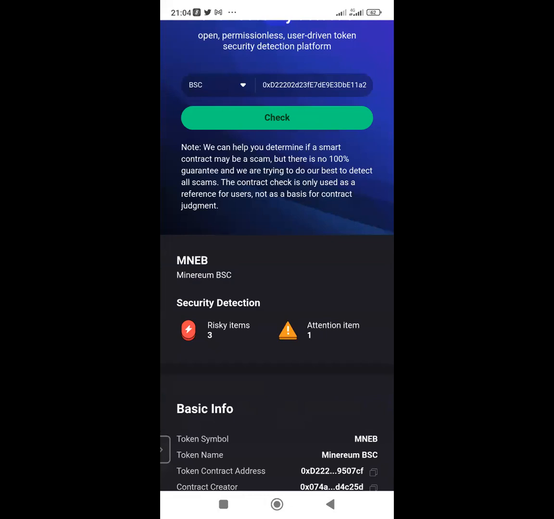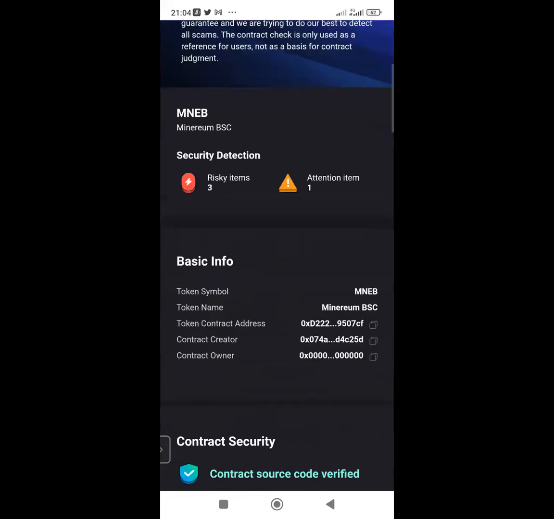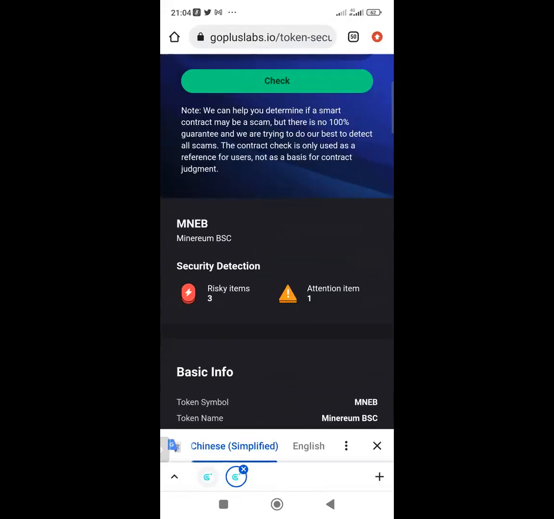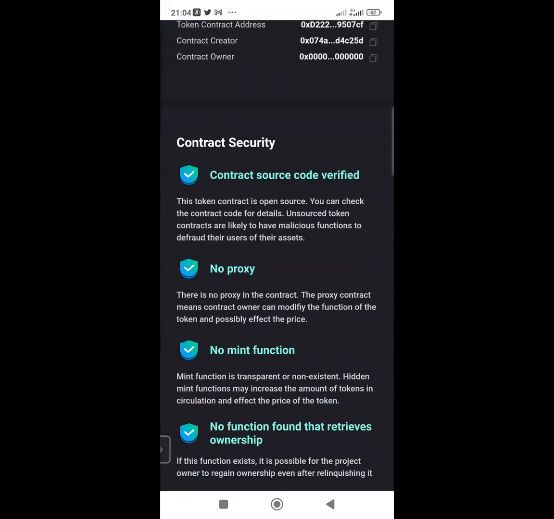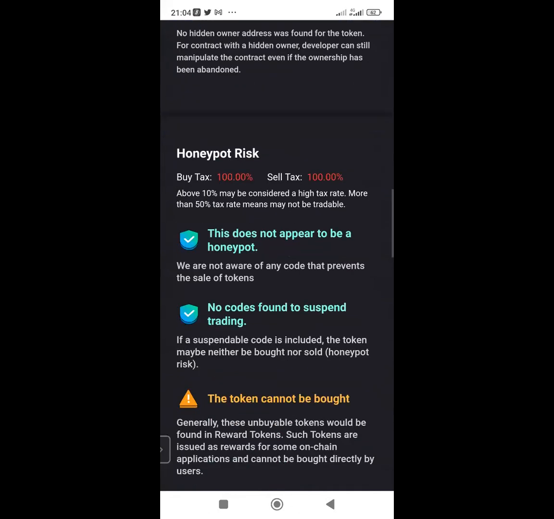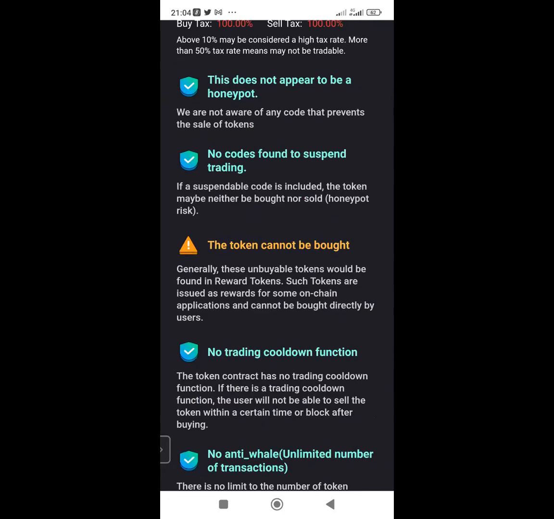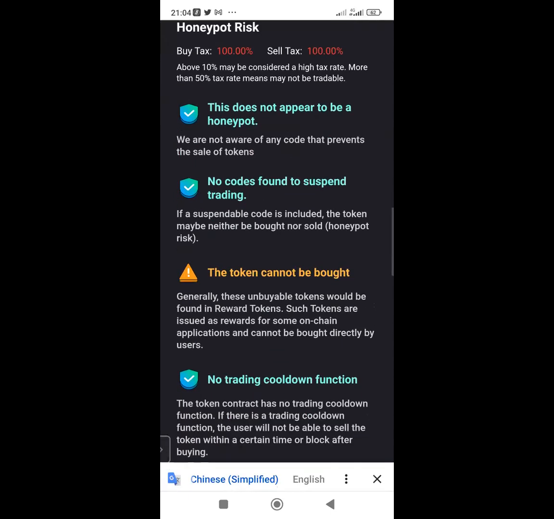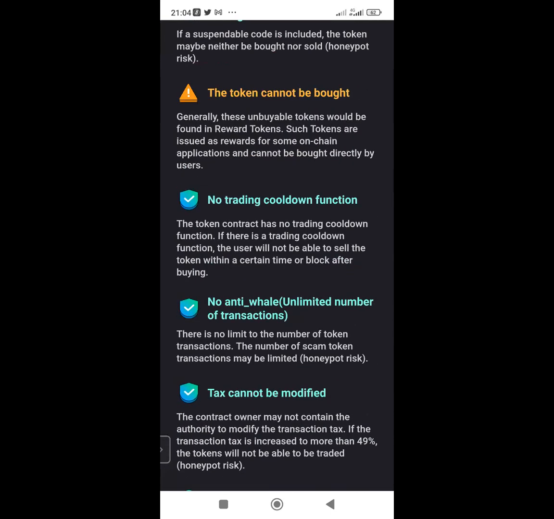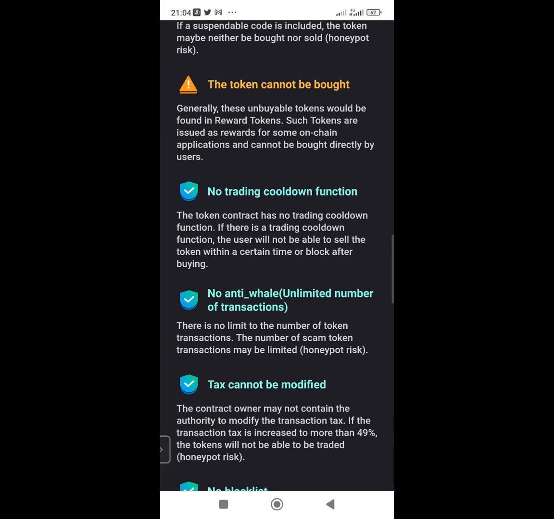Your own coin has three risks. You can see it's telling you three risks with red signs. Be very careful with that project. Honeypot risk, 100% honeypot. Above 10% tax is considered high, and this is 100% tax rate. Love Canada, I hope you are safe.